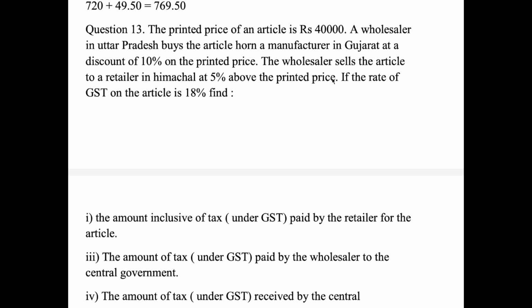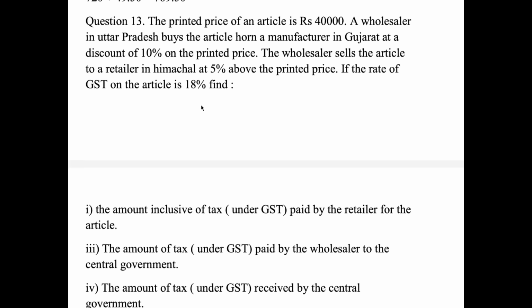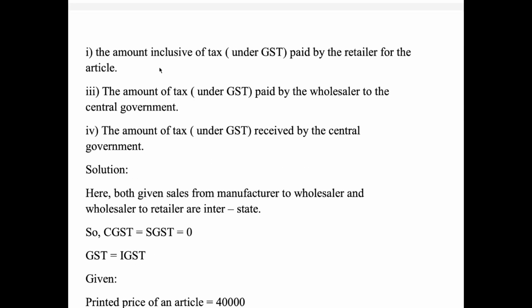The wholesaler sells the article to a retailer in Himachal at 5% above printed price. If the rate of GST on that article is 18%, then find questions number 1, 2, 3.